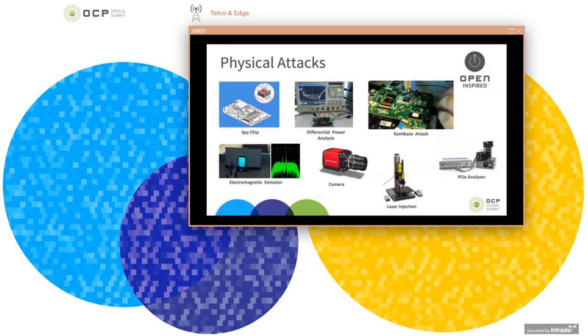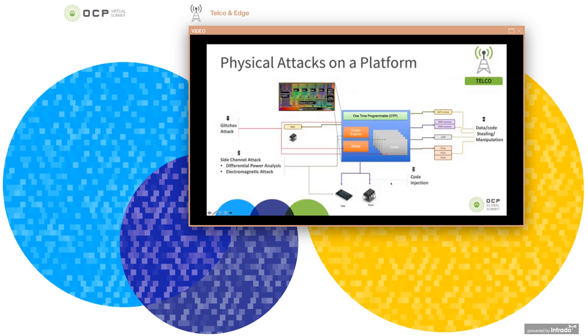If I'm more sophisticated and have something like a laser or can manipulate the frequency, I can try to skip some of the instructions that are executed. Some of them may be responsible for the authentication process that is done during secure boot. Maybe there are some protection tables that are used to prevent access to some regions, and laser injection can change this from 0 to 1 or from 1 to 0.